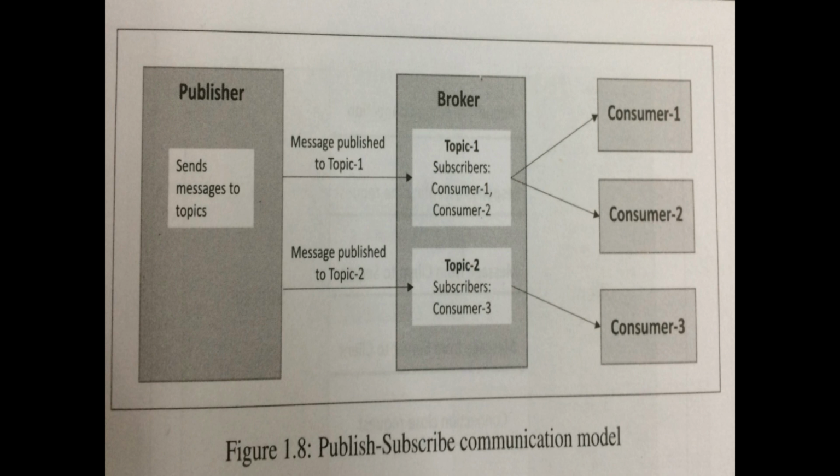The broker sends the message to consumer 1 and 2 because in topic 1 the subscribers are consumer 1 and 2. In topic 2 the subscriber is consumer 3. So this is the publish subscribe communication model.